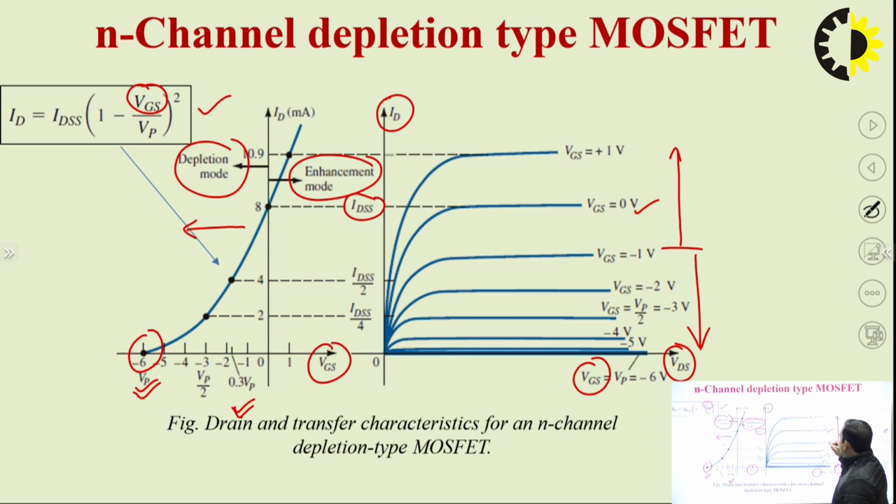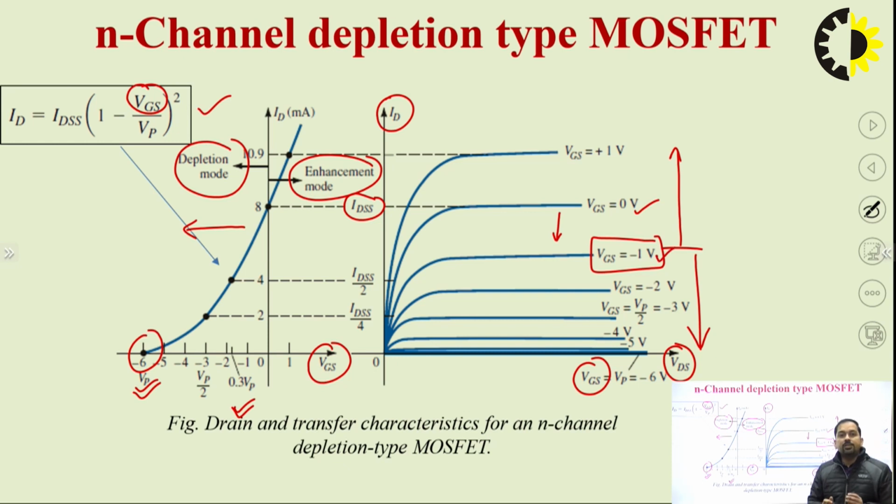Next, what is the curve when VGS is negative? We are already aware that when VGS is negative, ID decreases. So naturally the curve will shift in the downward direction. This is for VGS equal to -1.